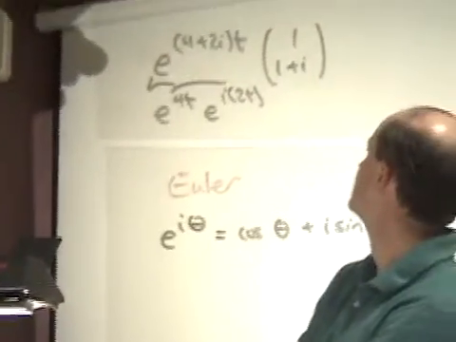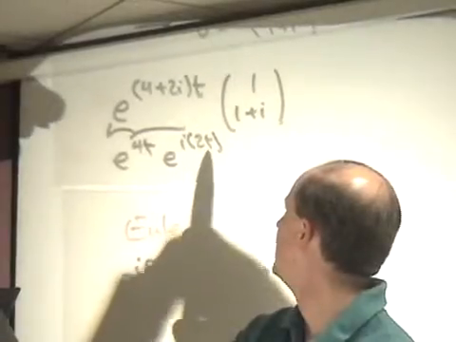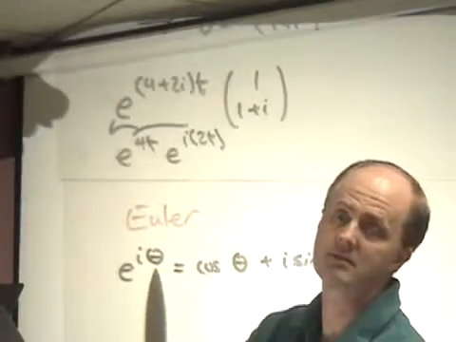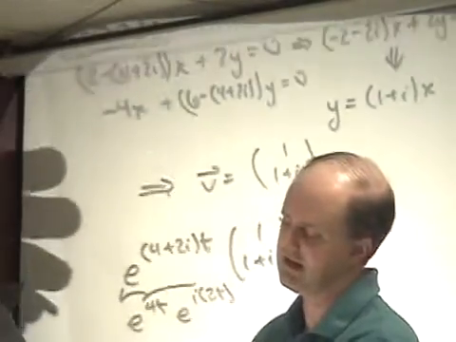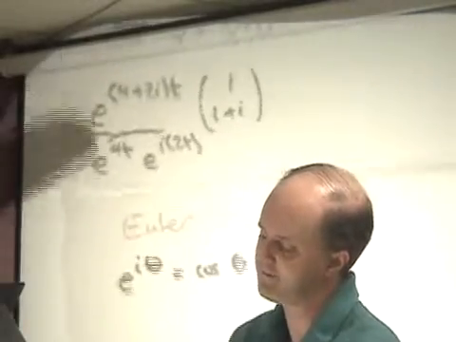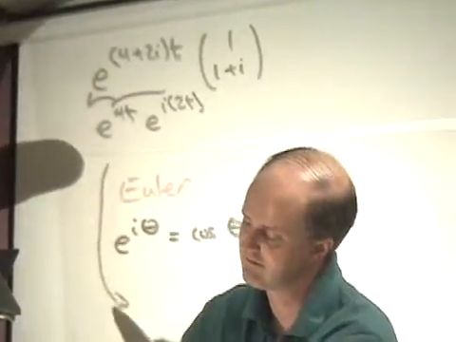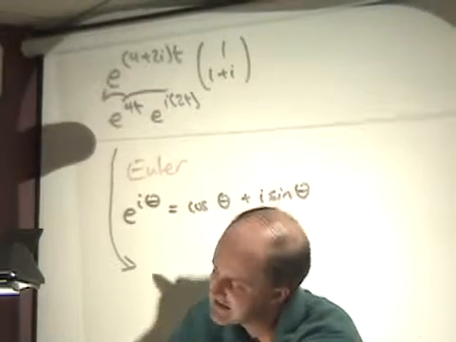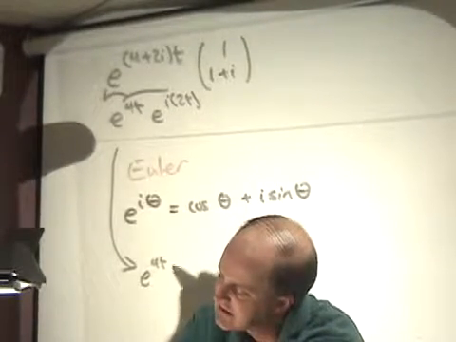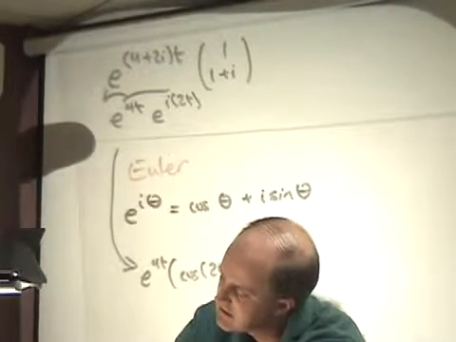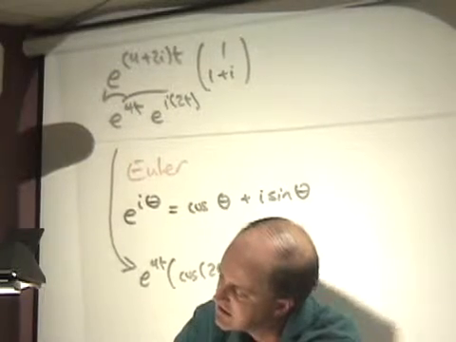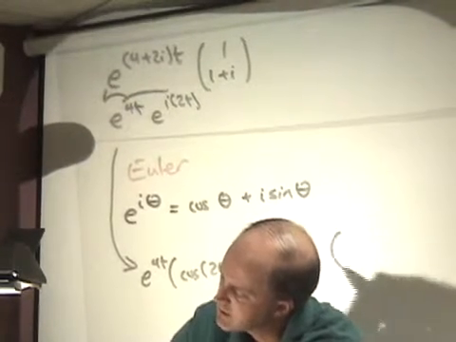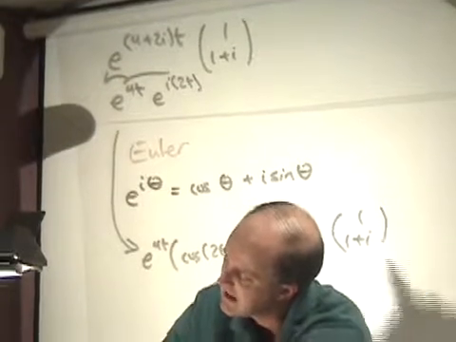And so what we can do is treat the 2t like the theta down there. And what will happen then is I'll get e to the 4t times cosine of 2t plus i sine 2t. Don't forget my vector over here, 1 plus i.